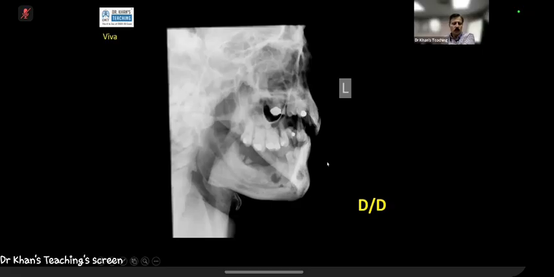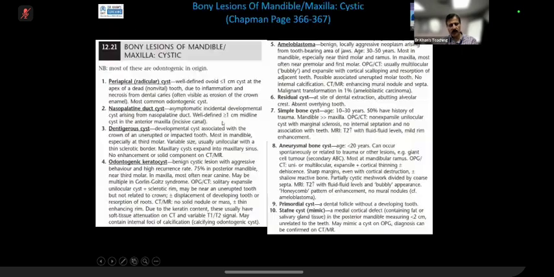Okay, good, well done. The only thing is that it's an oblique view. Now, if you see here, radicular cyst is one of the most common. This is from your Chapman, bony lesions of the mandible and maxilla, cystic. Most of them are of dental origin.